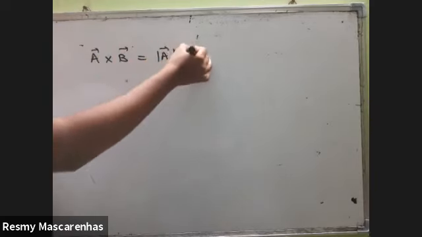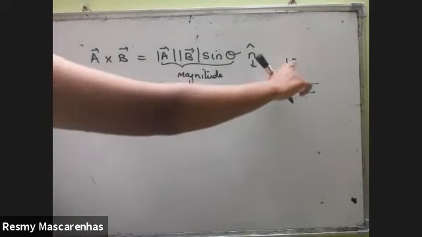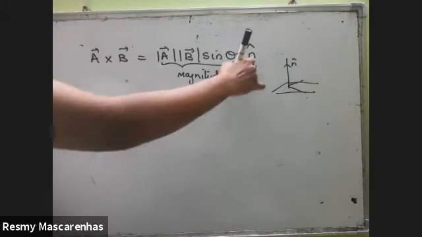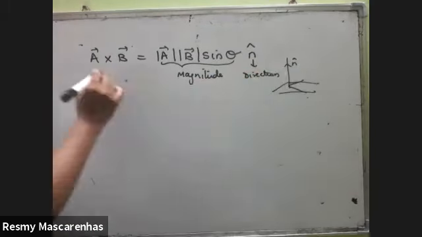N cap means the perpendicular line, like a C bar, no? That C bar is your n cap. It's a unit vector which is perpendicular to these two lines. So this fellow will always tell you the direction. So for B cross A, it will be ulta, minus n.